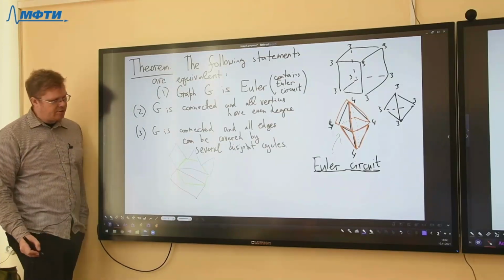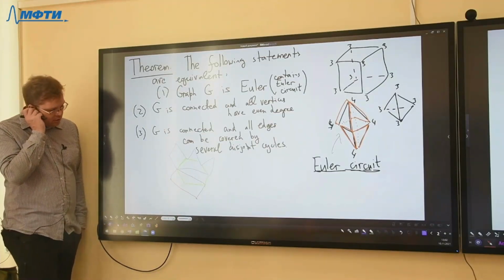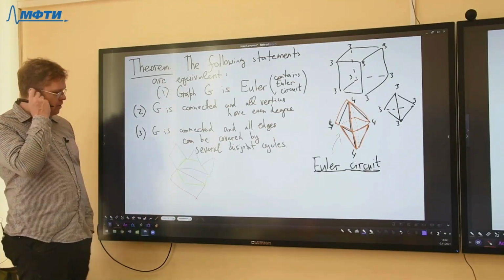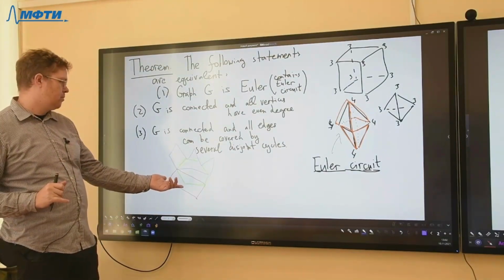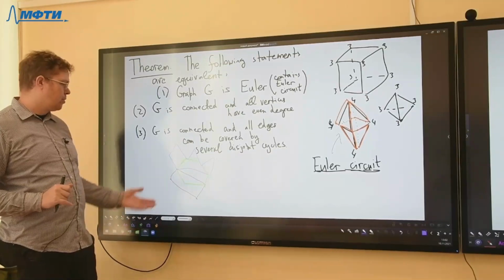So the set of edges is a disjoint union of several cycles.